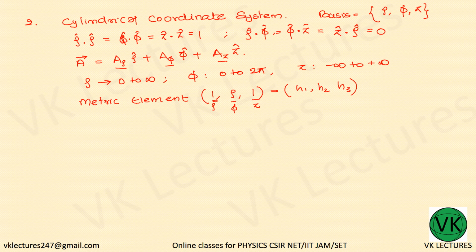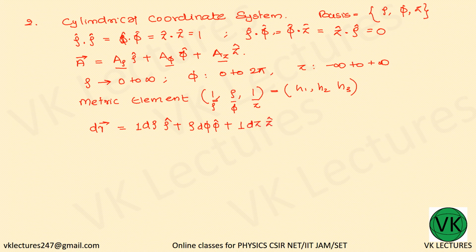That means any length element dr is written as 1 into d rho rho cap plus rho d phi phi cap plus 1 into dz z cap.